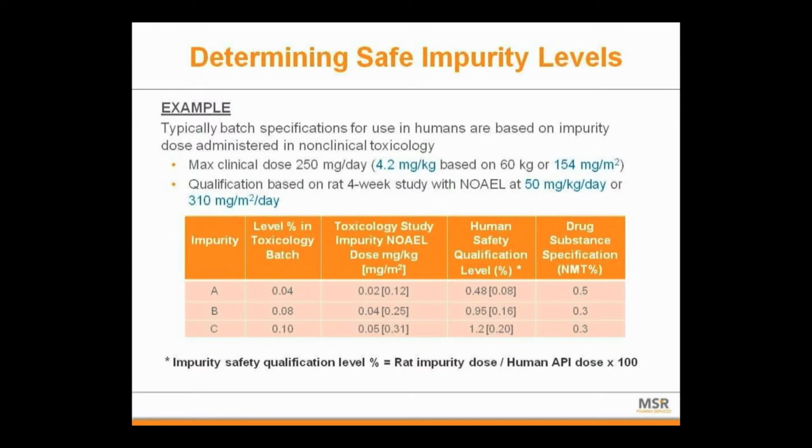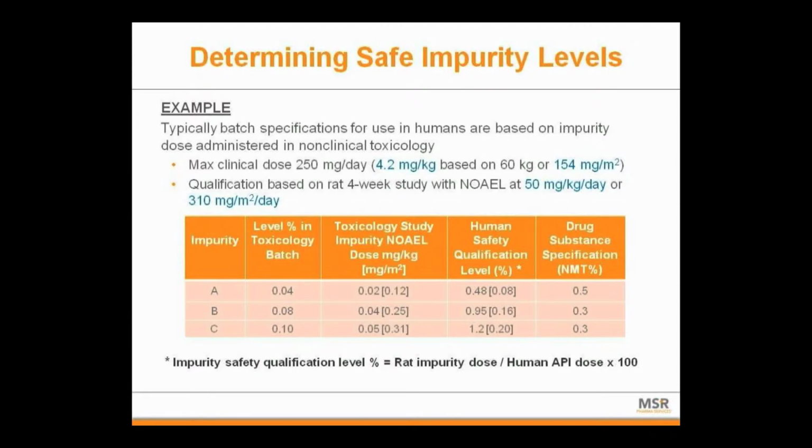In the first situation, we had 0.04%. The toxicology study dose based on this percent, which would just be this multiplied by 50, is 0.02. I have it shown here on both a body weight basis as well as a surface area basis, which is the brackets here.